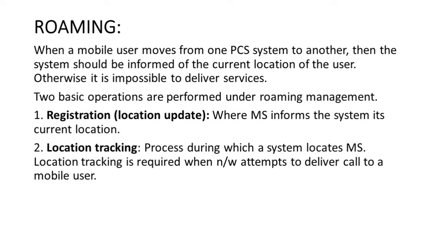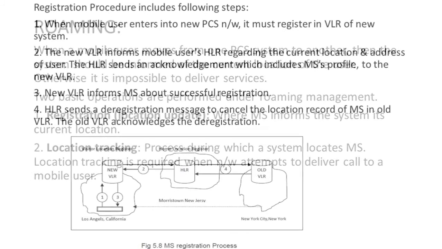First of all, my registration should be with the Delhi network. Moreover, my call will be transferred from here to where? To Delhi, so that the call is transferred to the MS. So location tracking is very important when a user has moved to a roaming location. There is a need to track the location of the user.